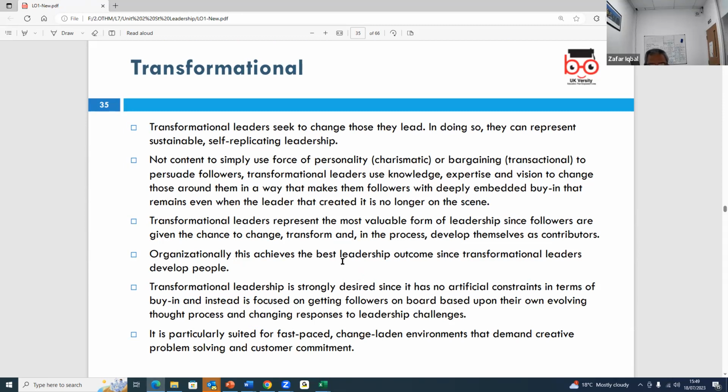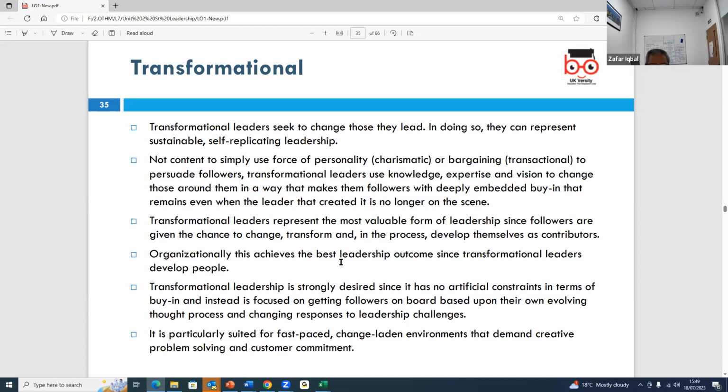They are there in the process of changing others, transforming others, developing them as contributors. They want to make sure they achieve the best outcomes for themselves. They want to transform the thing.